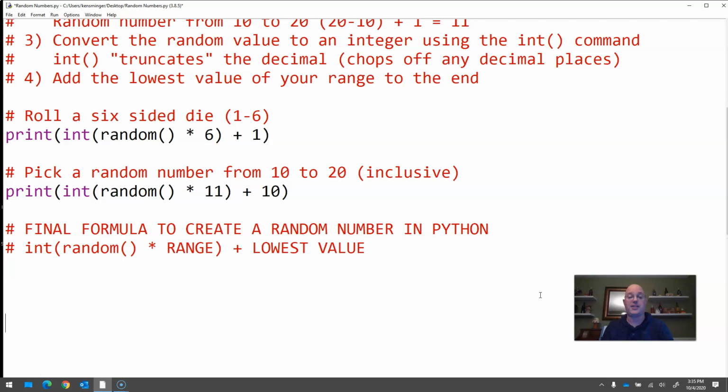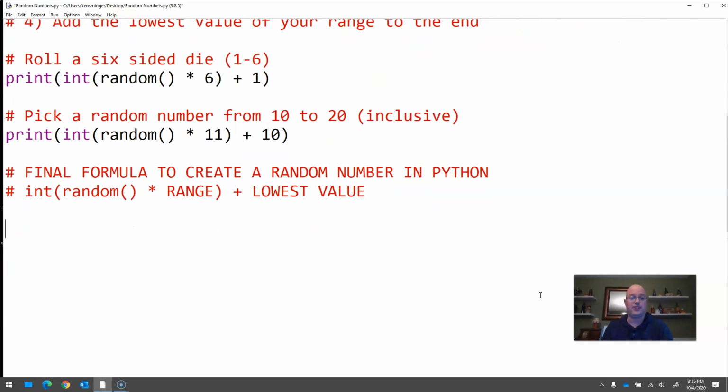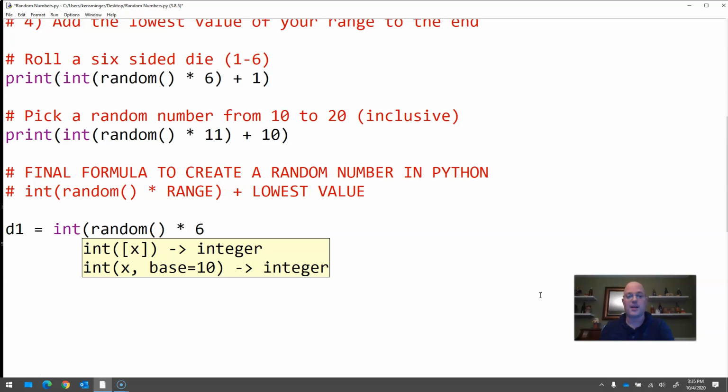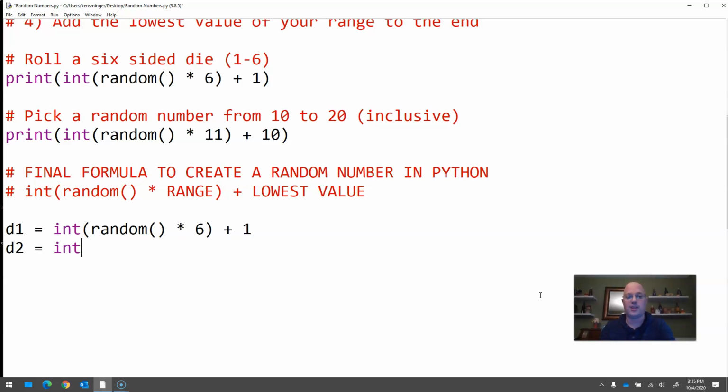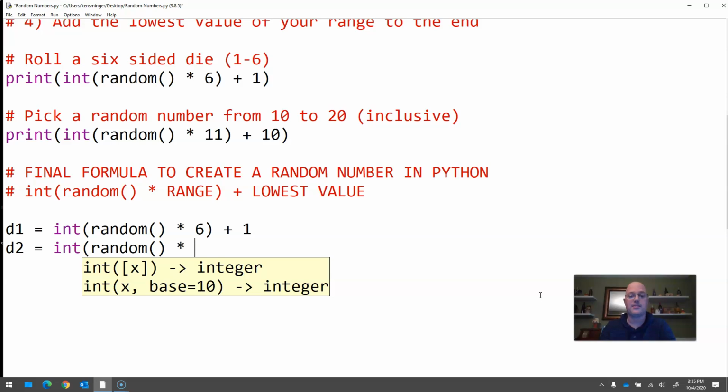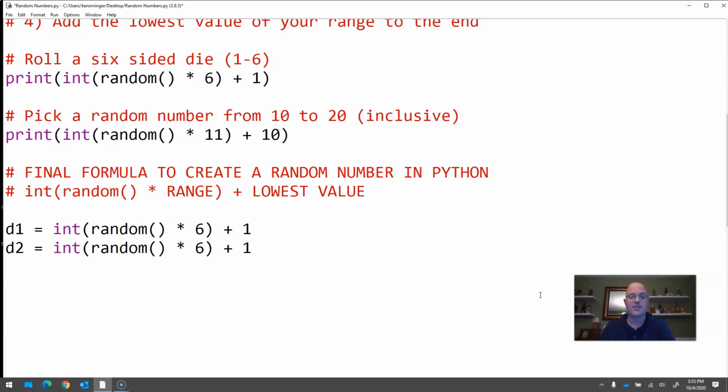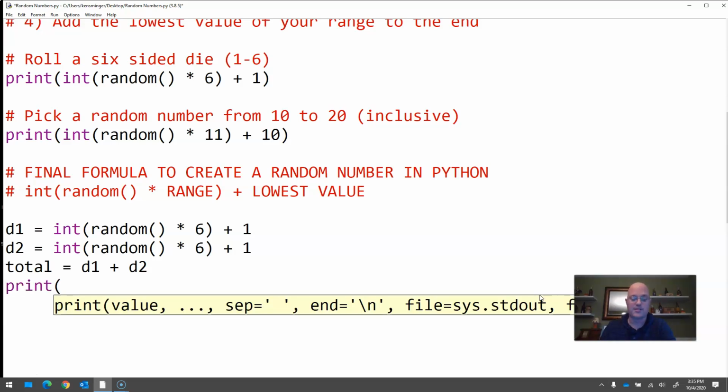If you want to have not just printing, but literally 2 dice rolls, let's say D1 and D2, and then you want to get the total. D1 equals int random times 6 plus 1. D2 equals int random times 6 plus 1. The total is D1 plus D2. So if I print D1, comma, D2, comma, quote, let's say total equals quote, comma, total.